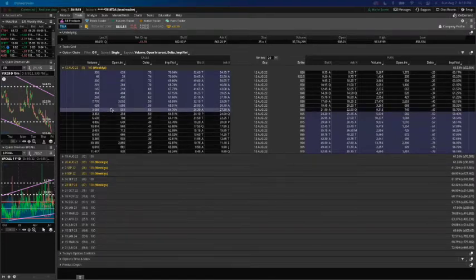So the next thing we want to talk about is open interest. You want to have over 1,000. That's what you're looking for. So 1,000 volume for day trading, not crucial when you're swing trading and trying to get out of positions. But open interest, you want to see over 1,000 on the contract you're getting into, because you want to know that other people are looking at this contract, that you're not the only person with this trade idea.